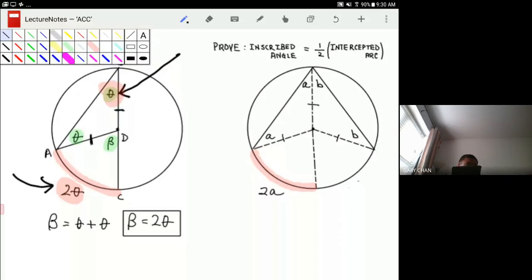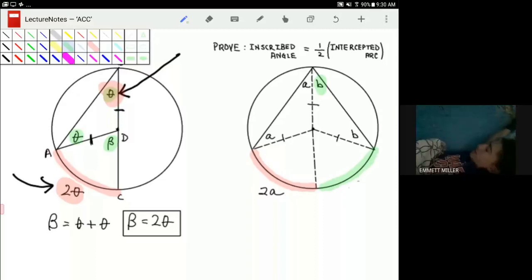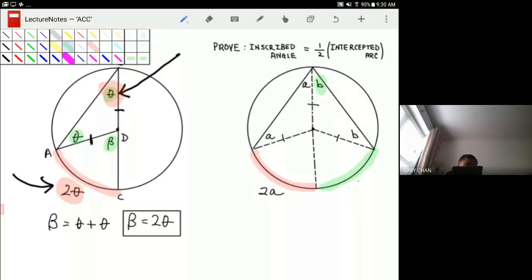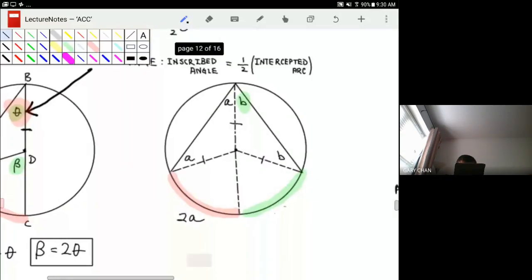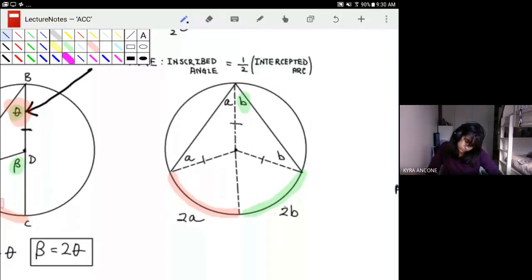Wait a minute. If I'm calling this angle over here on the right B, what would be the angle of the intercepted arc? 2B. It must be 2B.